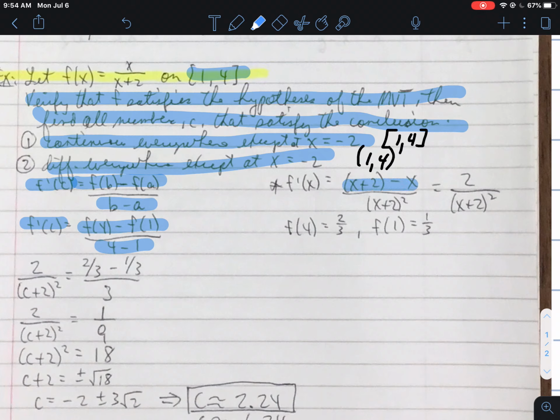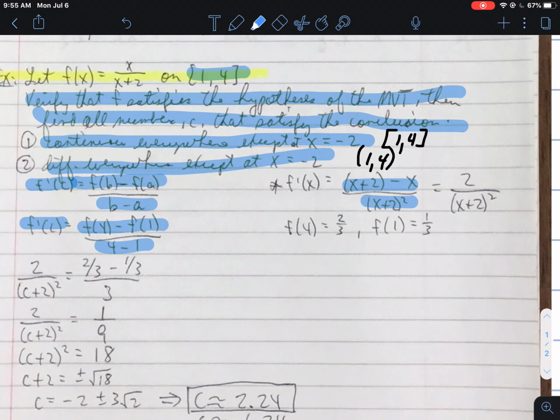Low is x plus 2, d high is the derivative of x, which is 1, minus high d low. High is x, and the derivative of x plus 2, again, is just 1. So there's our low d high minus high d low over low squared. I'm not going to reinvent the wheel every time now. You should be able to differentiate that basic rational function.